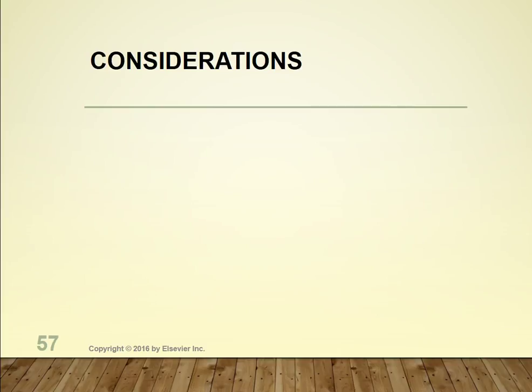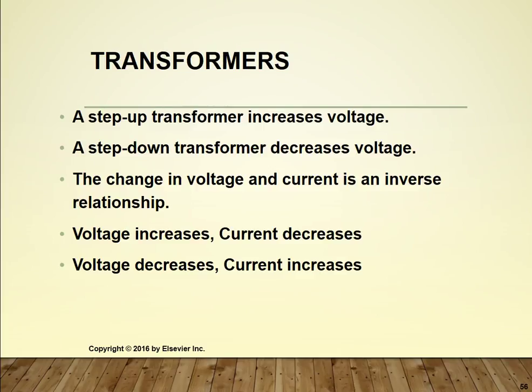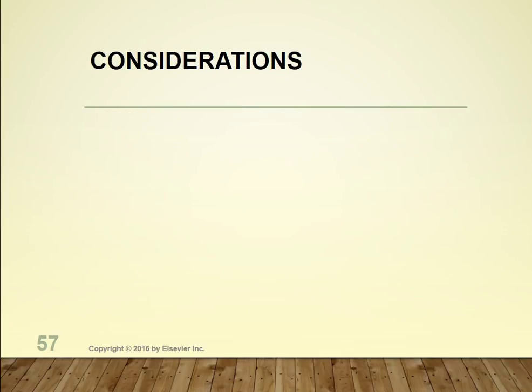Transformers are named for their effect on voltage. Note that the expressions assume ideal circumstances in a transformer. So that is ideal circumstances, but there are some things that we do not necessarily think about that are actually occurring.